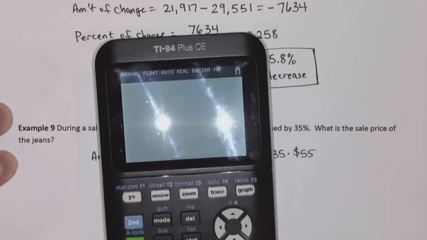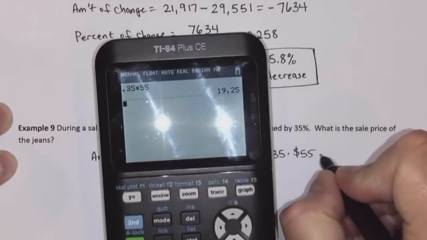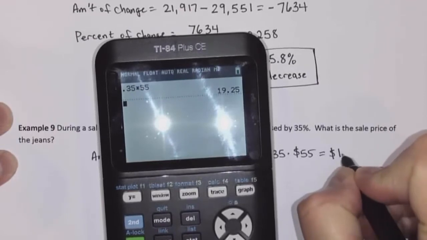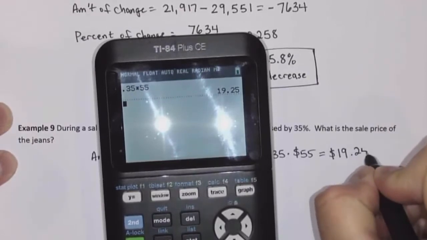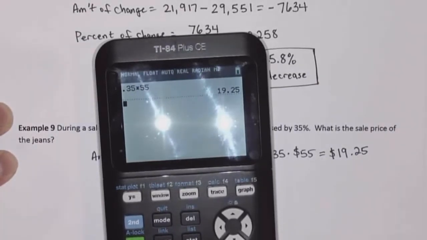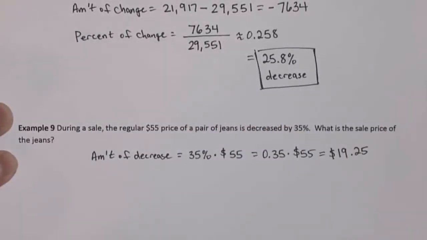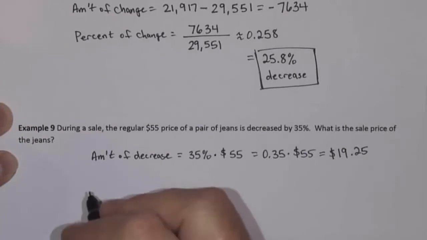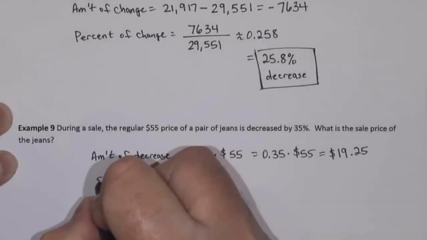So 0.35 times 55, that is $19.25. So the price is decreased by $19.25.